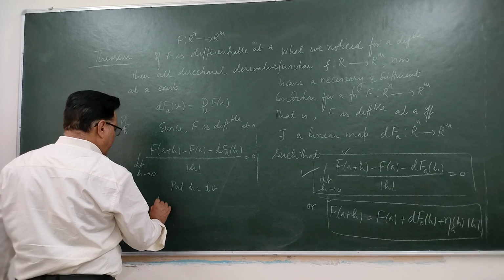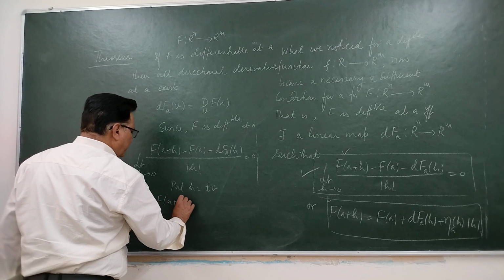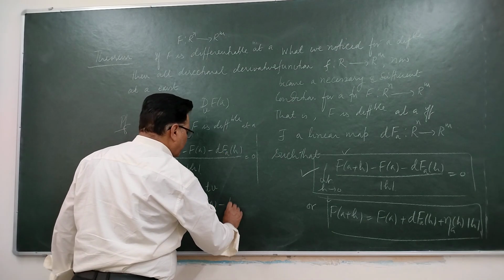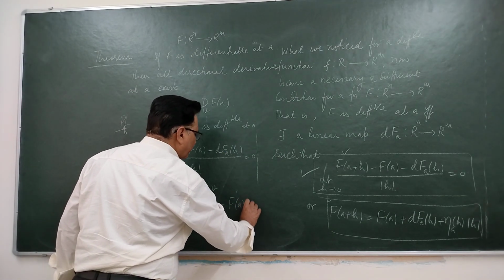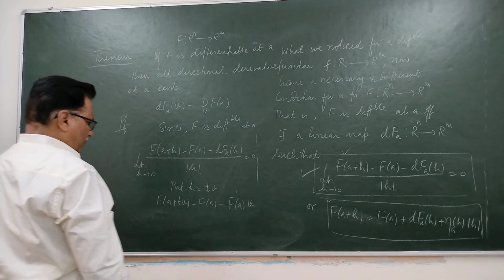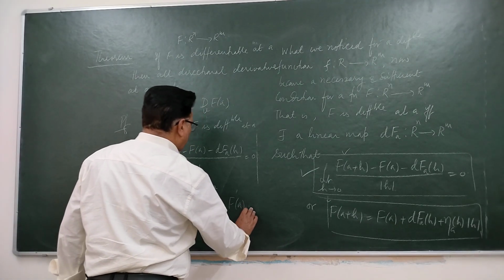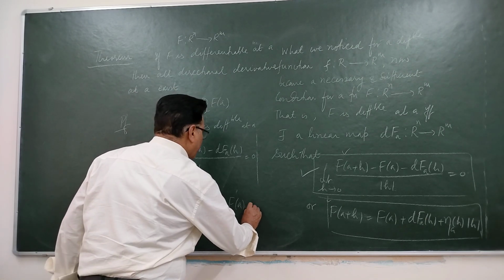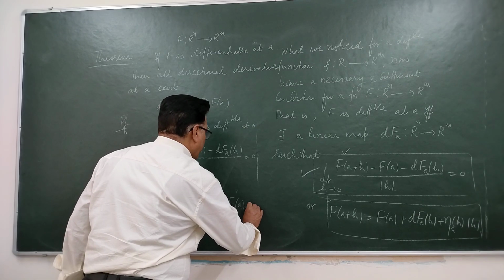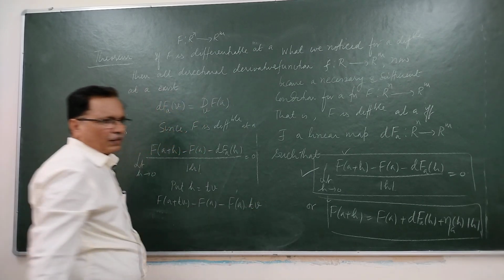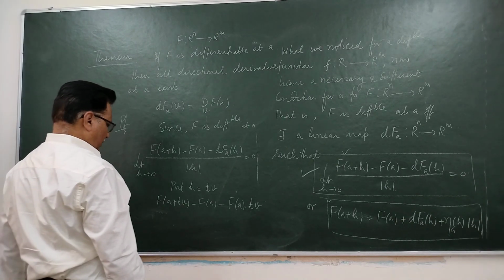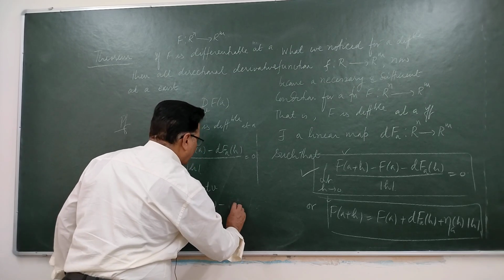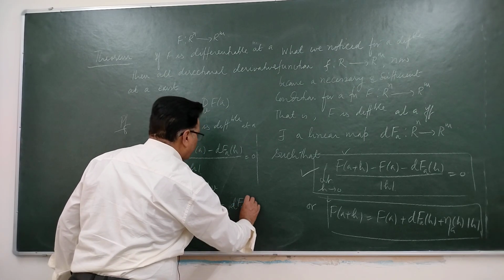So this expression will be written as f(a+tv) minus f(a) minus df(a)(h), where h means tv.